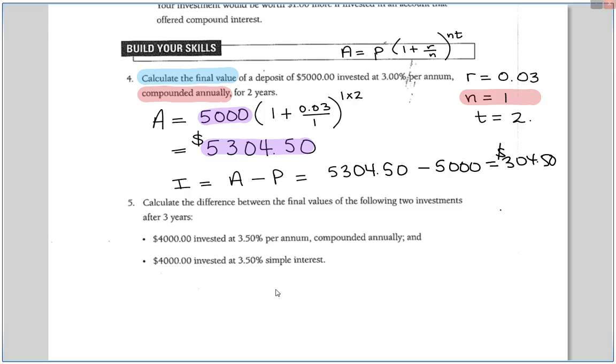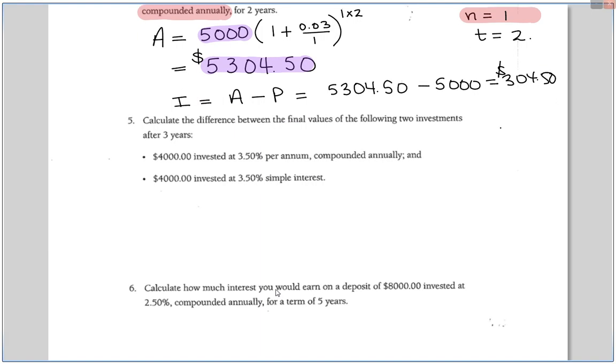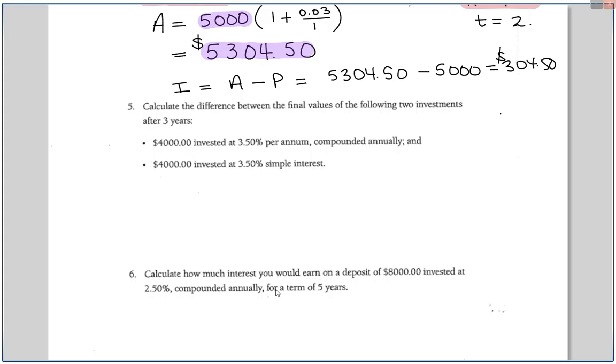Excuse me. You guys cool on this? How many of you don't have a calculator right now? You need to come get one from me so you can practice this. Okay.